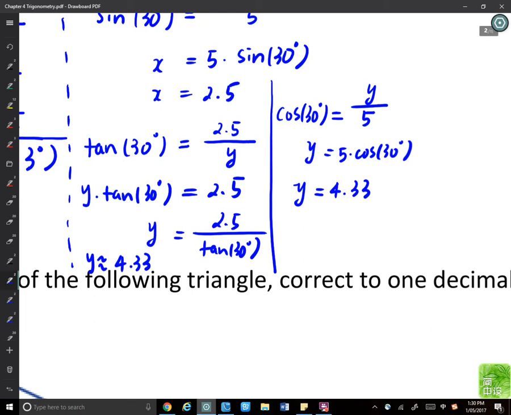But if you use cos, you don't need x at all. It purely depends on y, the 30 degrees, and the hypotenuse. So you have a larger chance of a correct answer. I encourage you to use cosine in this question, but both of them are correct.